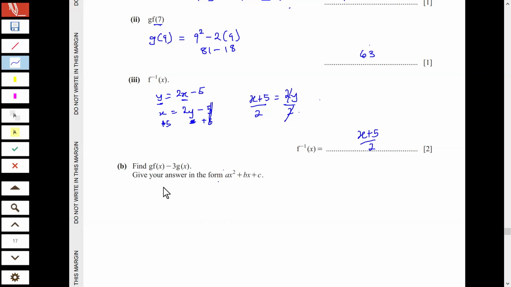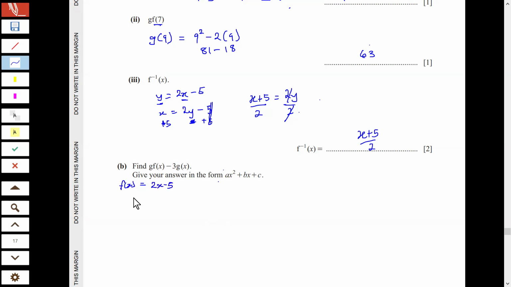Question B, find gf of x minus 3g of x. Give your answer in the form of ax squared plus bx plus c. Okay, gf of x, of course, f of x is giving us 2x minus 5.